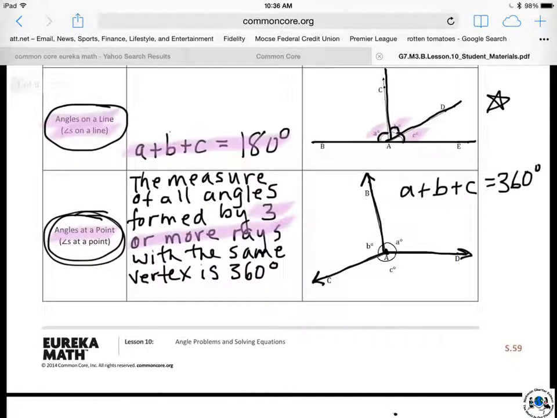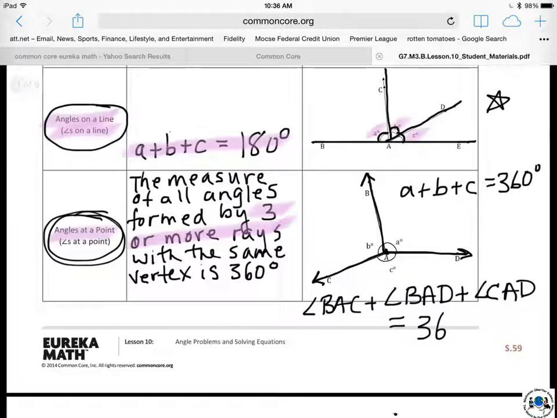Another way to say this for angles at a point would be angle BAC plus angle BAD plus angle CAD equals 360. It's another way to notate it, because now I'm talking about them in terms of angles.